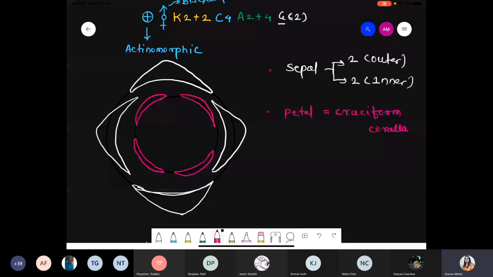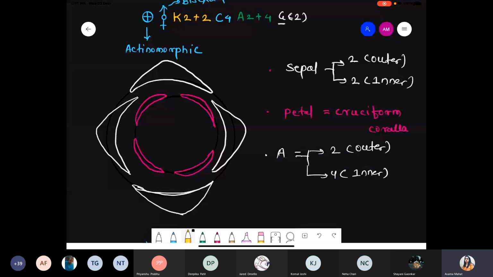Now the next part, the androecium. When we are talking about the androecium, we are talking about the stamens. Stamens again show an arrangement of 2 and 4. Obviously, 2 plus 4 means 2 are present toward the outer side, and the remaining 4 are present toward the inner side. So we try to draw those also.